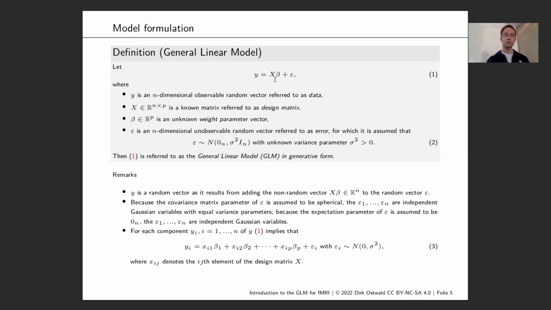And to this n times 1 vector, you add another n times 1 vector, namely this epsilon here, which is a random vector and is referred to as error.